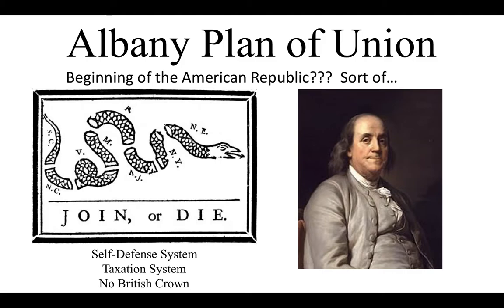So Benjamin Franklin saw what was happening here, right? I mean, this was a very serious situation in the colonies with there being a war between the British and the French. And so what Benjamin Franklin thought is, we better get ourselves organized.